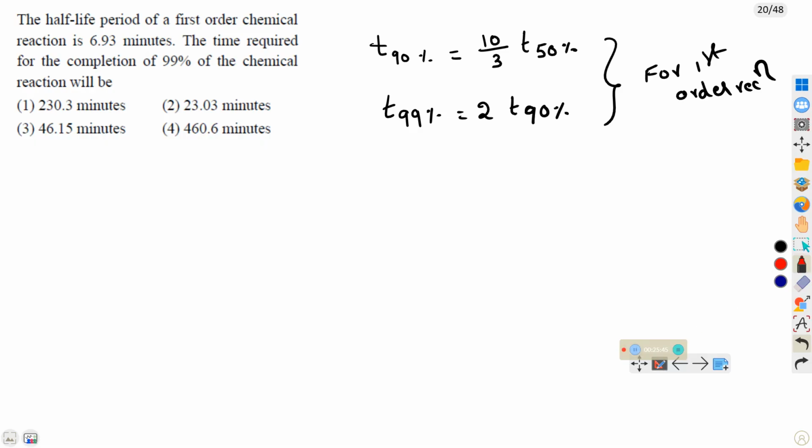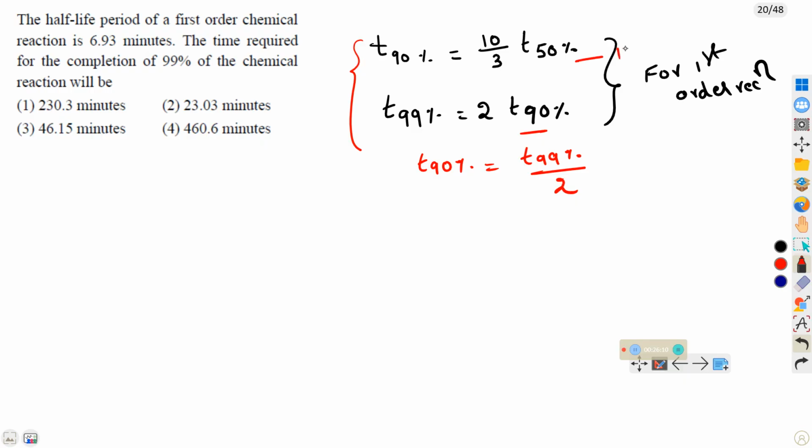The half life period of a first order reaction is 6.93 minutes. The time required for the completion of 99% of the chemical reaction will be. For first order reaction, this is the relation. So based on this, T 90% is equal to T 99% by 2.